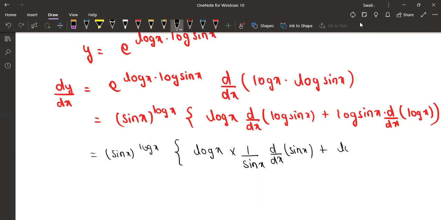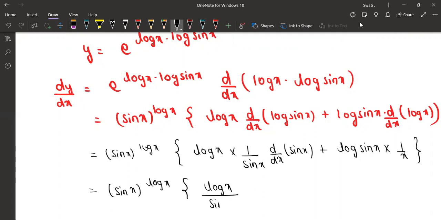And here this will become log sine x as it is, and derivative of log x is 1 over x. So it will become 1 over x, and then we can close the bracket. So this will become sine x raised to log x, in bracket, we are having log x over sine x. Derivative of sine x is cos x, so we can write down cos x here, plus log sine x over x.